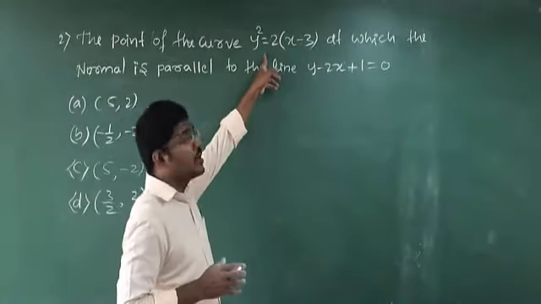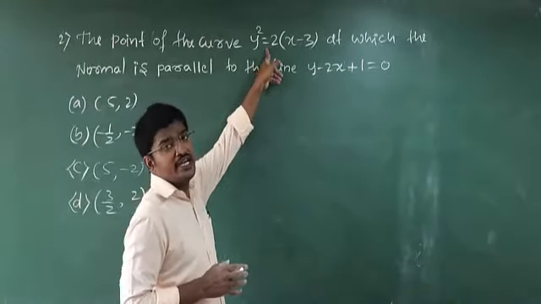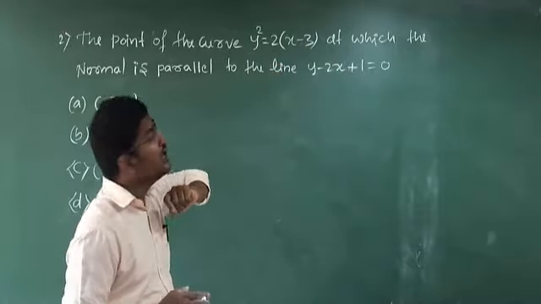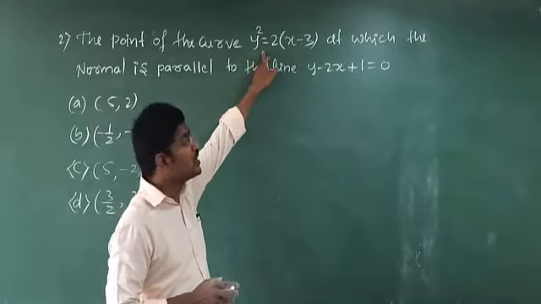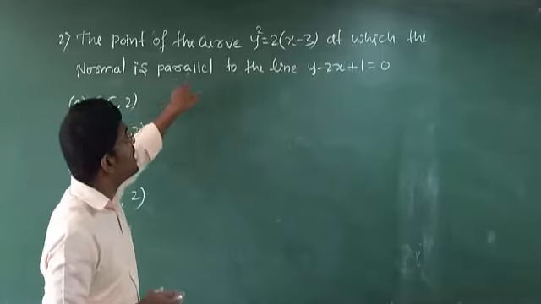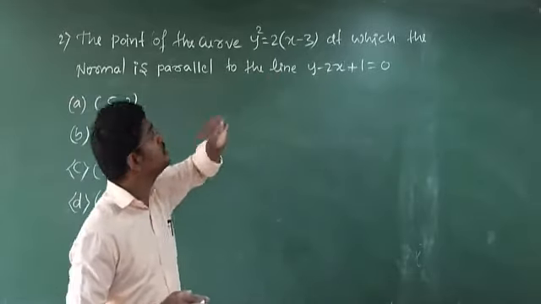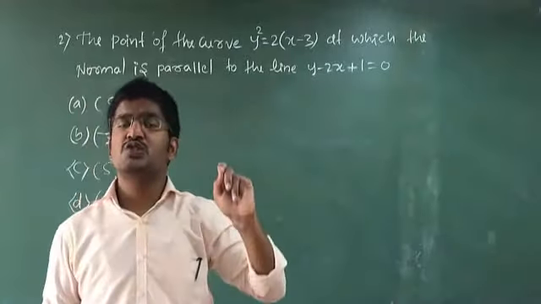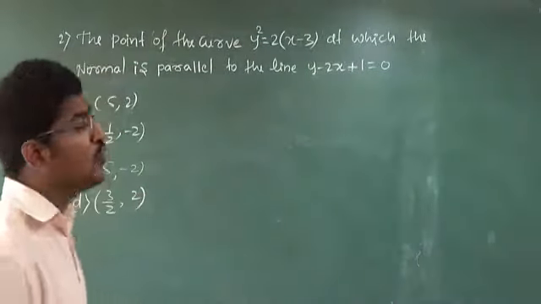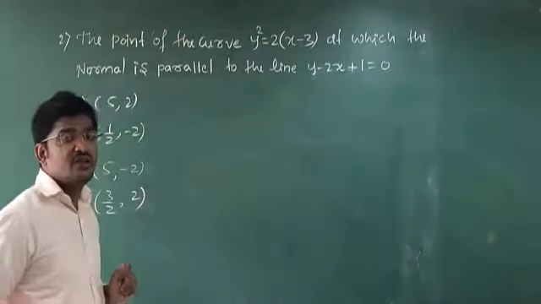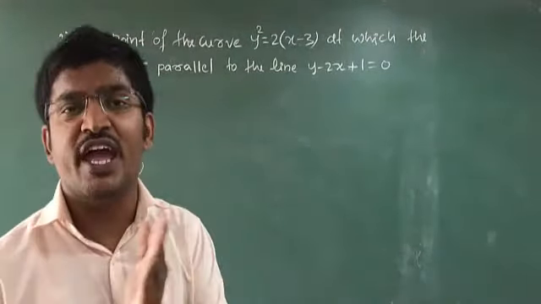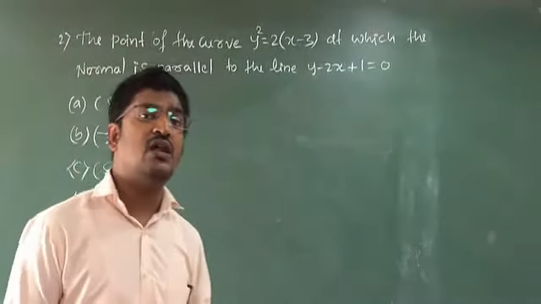This is the given curve. They want to find the point on this curve. For that, what is the condition? The normal of this curve is parallel to the line y minus 2x plus 1 equal to 0. So for that reason, first let us take that curve and let us find the normal. Clear? Okay.